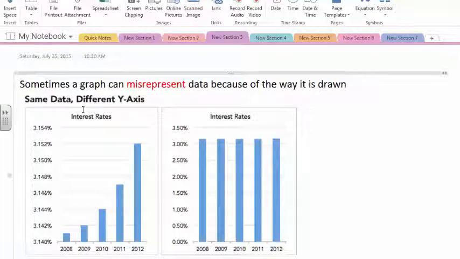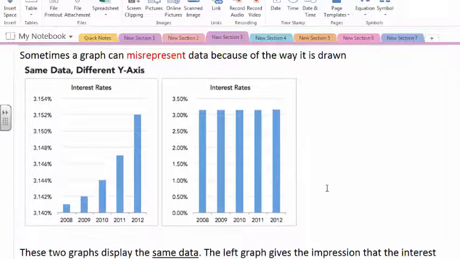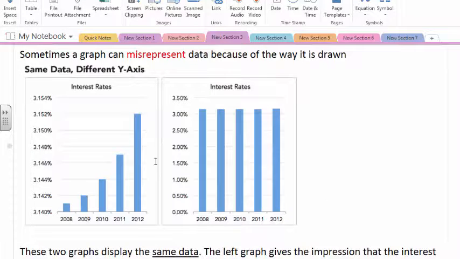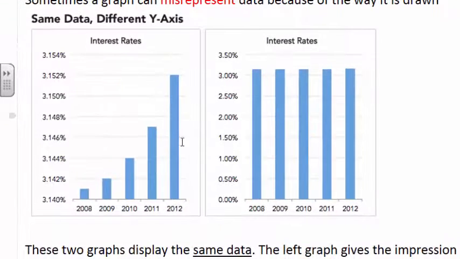Now I want to get your attention for something very important. We are saying sometimes a graph can misrepresent data because of the way it's drawn. Misrepresent, very dangerous. If we look at these two graphs, right away we say they are different, but unfortunately they are the same.